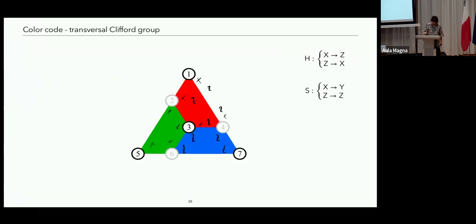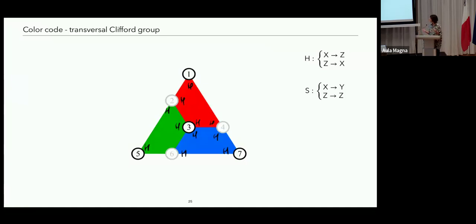Then I ask you, what happens if I apply Hadamard on all the qubits in this picture? This is the action of Hadamard here. An important observation: whenever you have information encoded in a code space, you apply some gates to your encoded information.